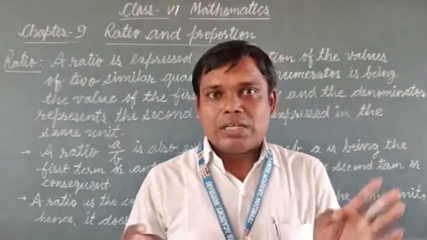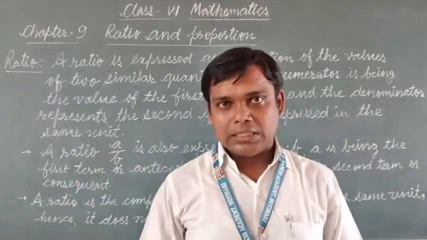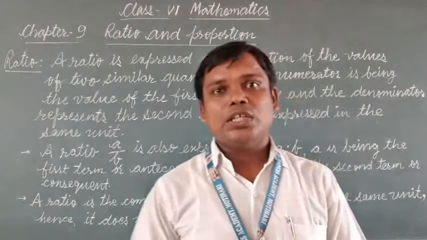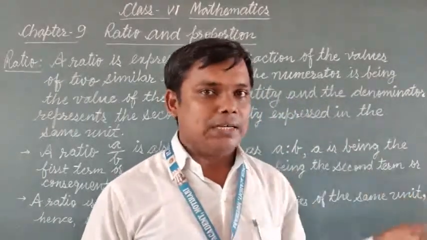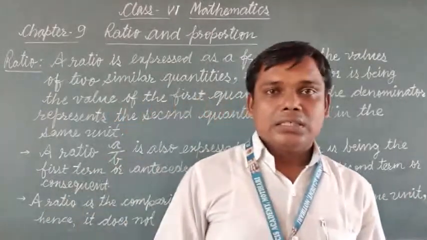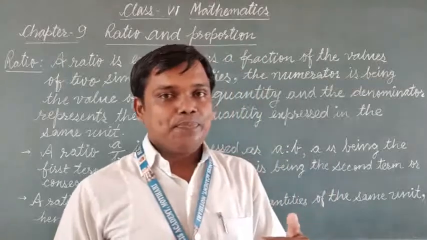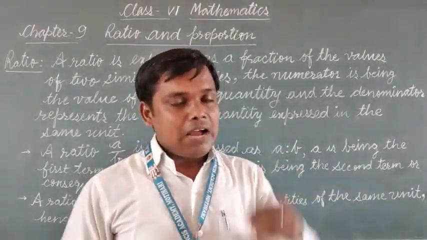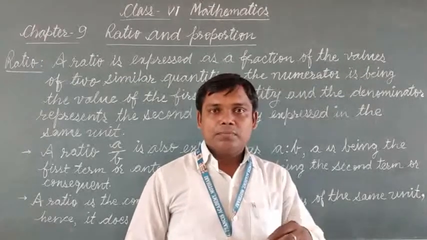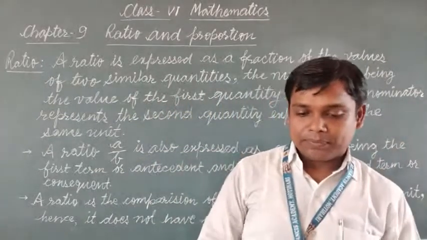We cannot calculate the ratio of length to the mass of an object, because both have different units and both the quantities are different. So we cannot calculate the ratio of different types of quantities. We have to calculate only with the same type of physical quantity which has the same unit.